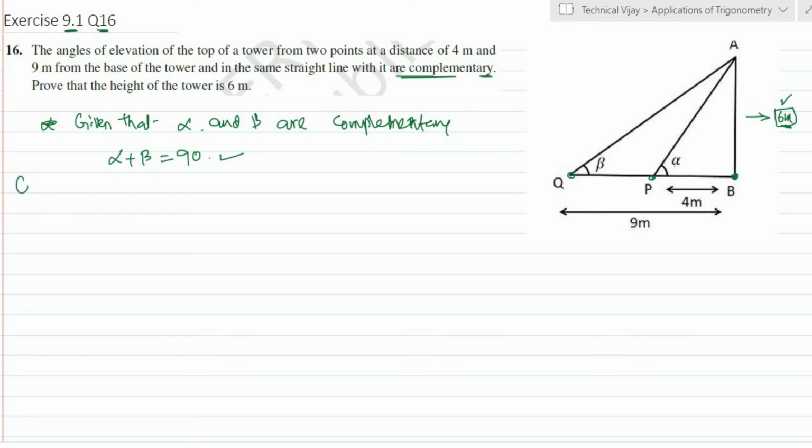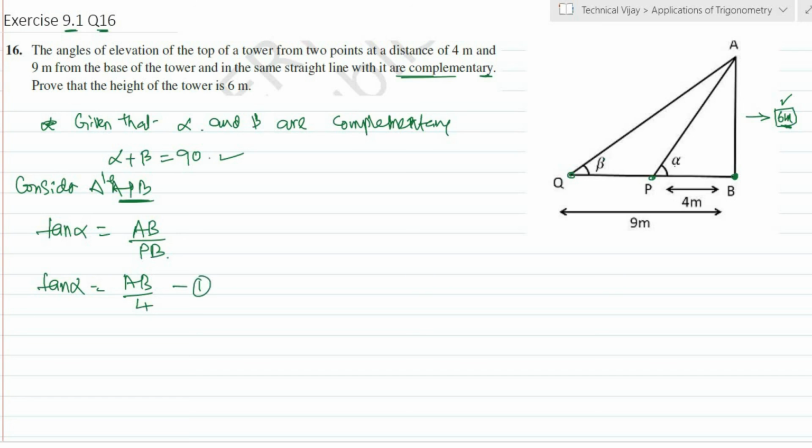Consider triangle APB. In this triangle APB, tan of alpha is equal to AB divided by PB. AB we don't know, PB we know, so tan alpha is equal to AB divided by 4.